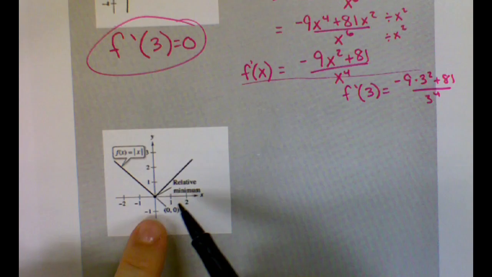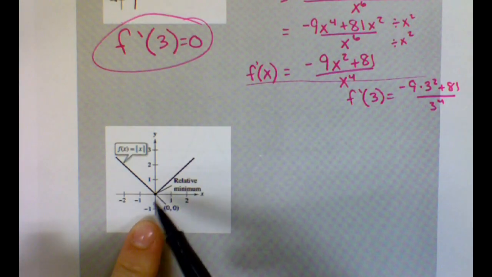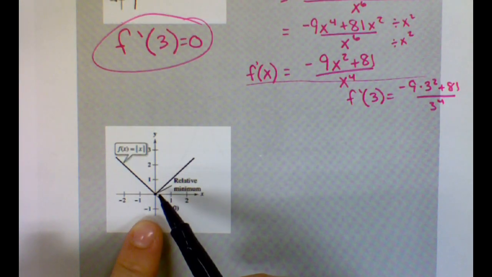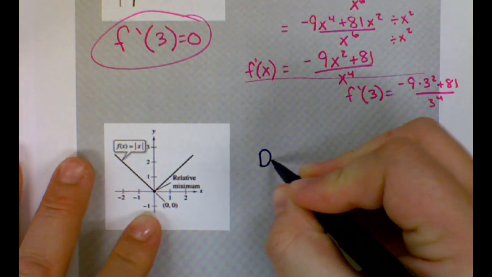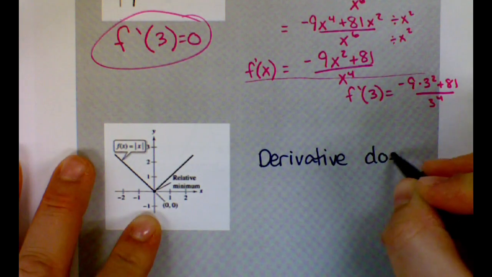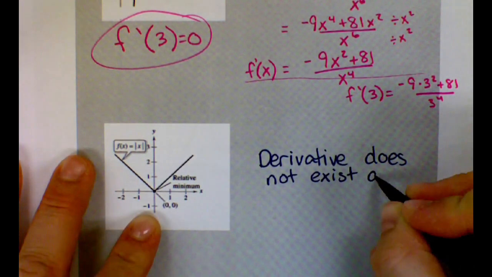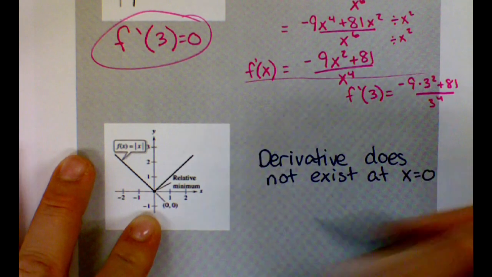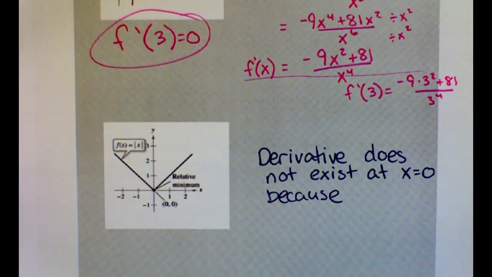I want the derivative at (0, 0). Well, there's a sharp corner there. So technically the derivative does not exist at x equals 0, because the derivative from the left and from the right aren't the same.